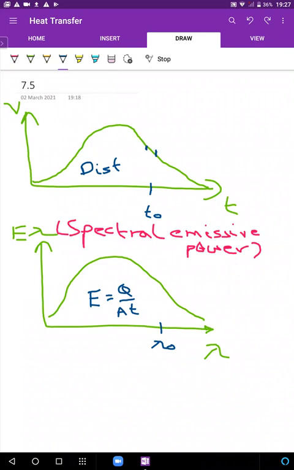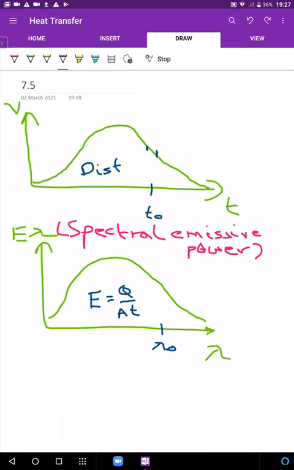So spectral emissive power is in a way the emissive power per unit lambda, or basically the rate of change of total emissive power. Just say you're sitting and counting from this end, how much total emissive power there is.